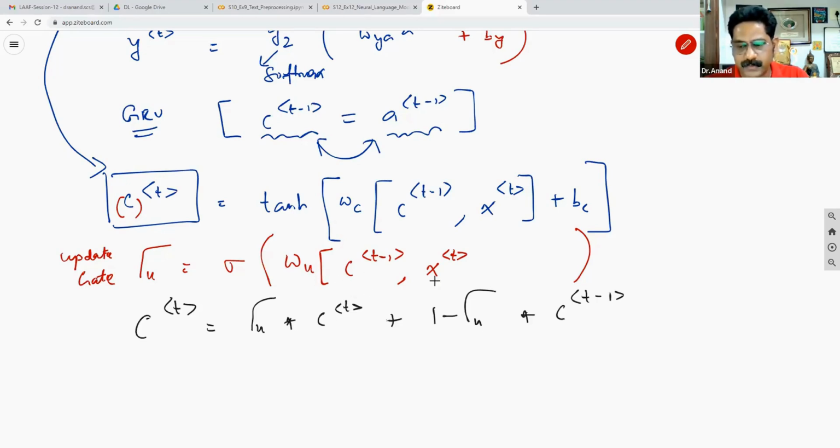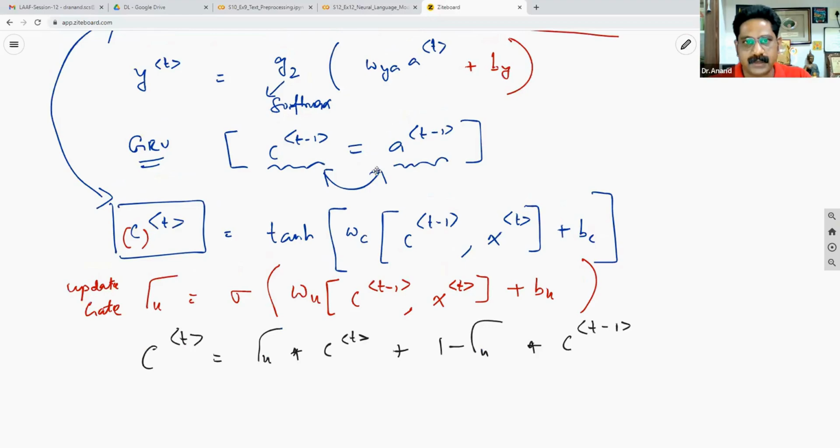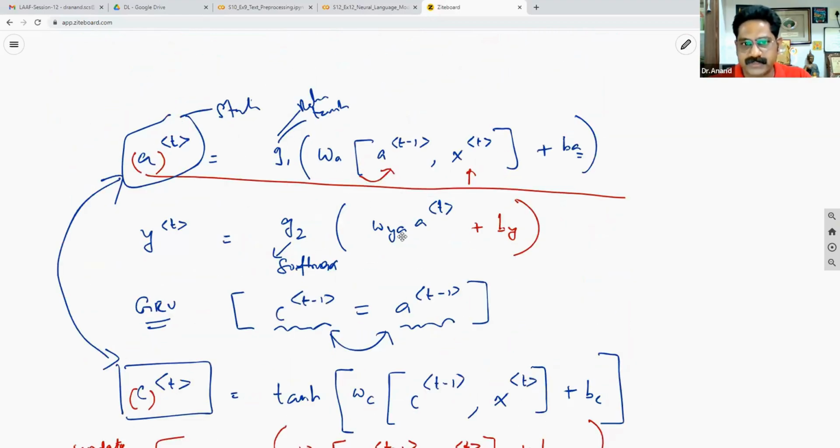We are performing a matrix operation, plus b suffix U. If you look at the original version of this expression, before we took this W component outside, this is W_a times a_{t-1}, and this is W_ax times X_t.